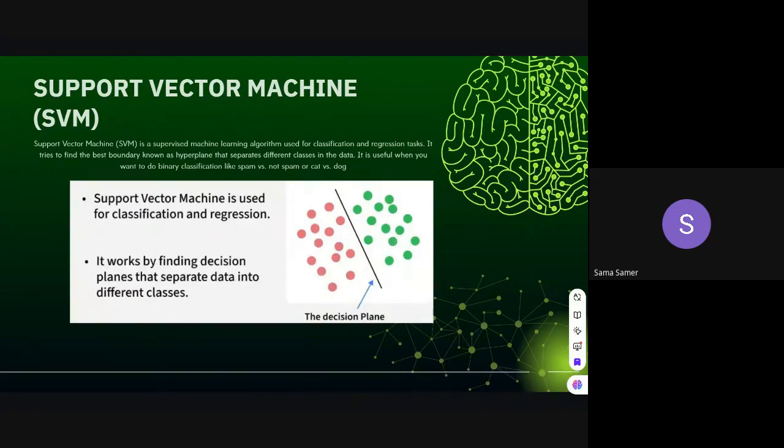Look, for a support vector machine problem, we have something called support vectors, and support vectors here means the closest data points to the hyperplane or to the margin that we have. We have three lines: wx plus b equals 0, which is the main margin, then wx plus b bigger than 0, which is the positive margin, and wx plus b smaller than 0, which is the negative margin.